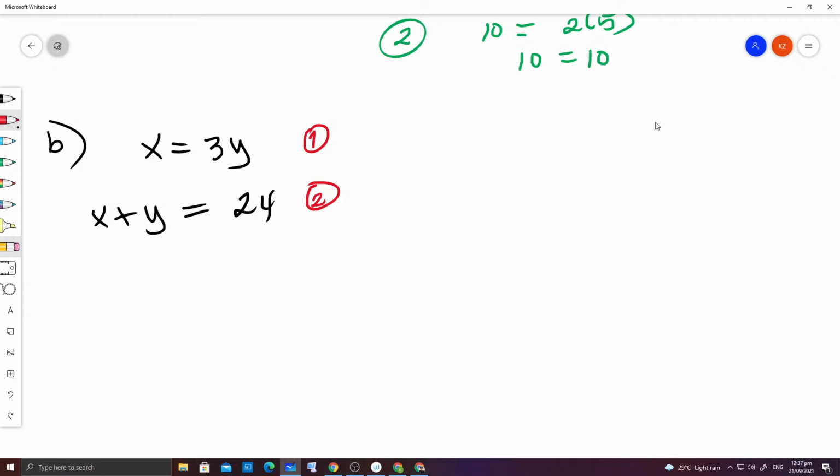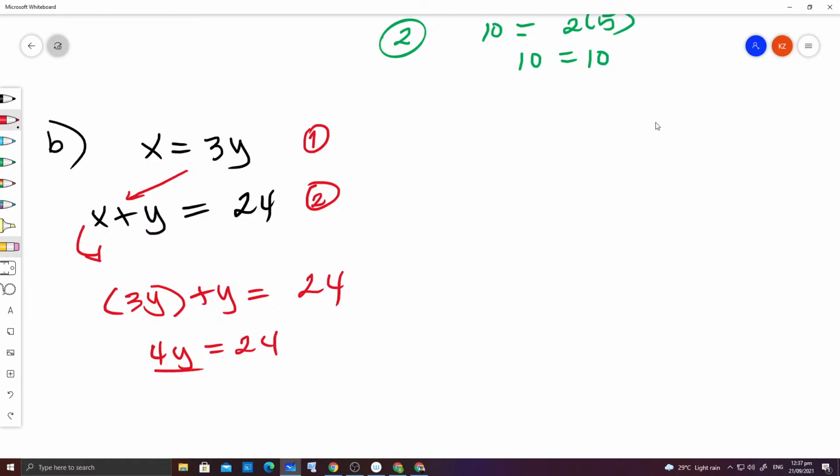So I can substitute it in equation number 2. So it will become 3y plus y equals 24. Then 4y equals 24, over 4, over 4. So y is equal to 6.